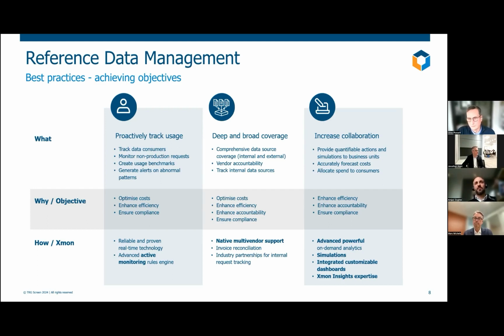So with Xmon, what we can do is two things in that regard. The first one is reporting on data attributes across the board. So if we have an aggregator, we know exactly which fields are coming from the vendor, but also third-party providers too. That's a report in the system that we can generate.